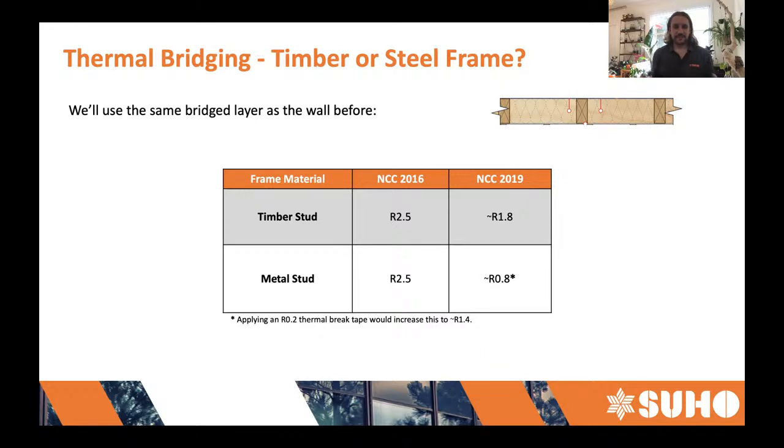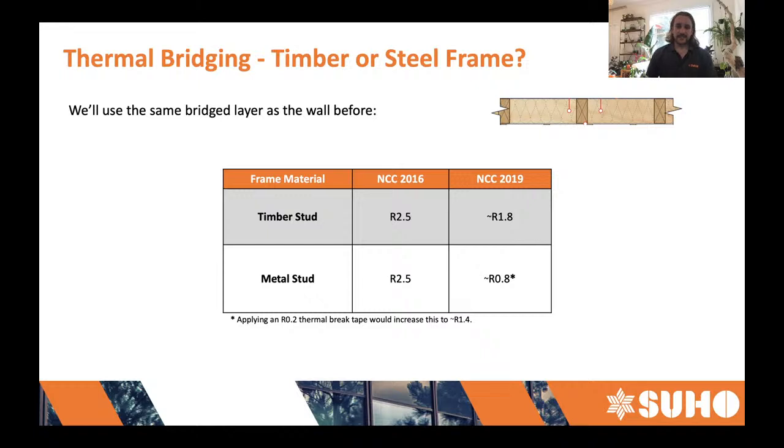A quick example of how this bridged layer performs. So what's better, timber or steel? For 2016 code, if we're going DTS, the R2.5 insulation bat in that layer achieved R2.5. It was really easy. I suppose DTS was something that architects could do themselves, just quickly back of house, because it wasn't particularly complicated and you didn't really need to spend much time understanding the calculations.